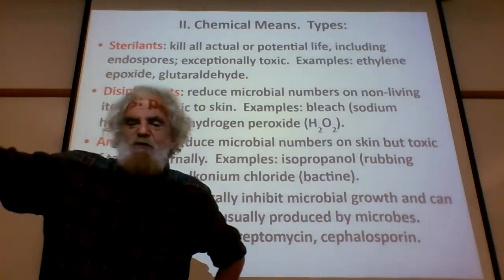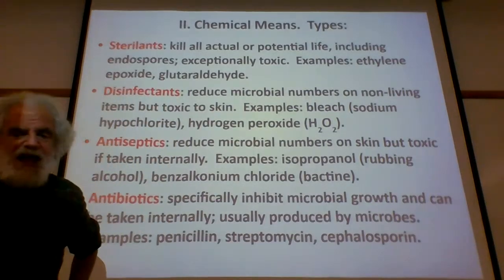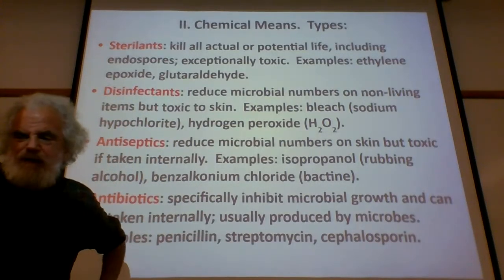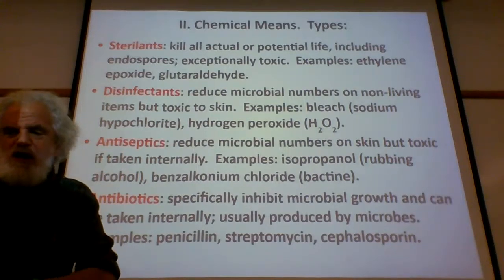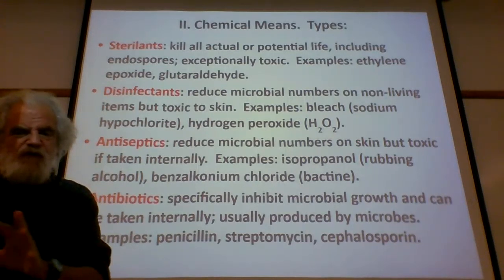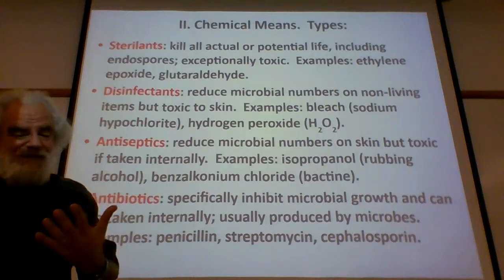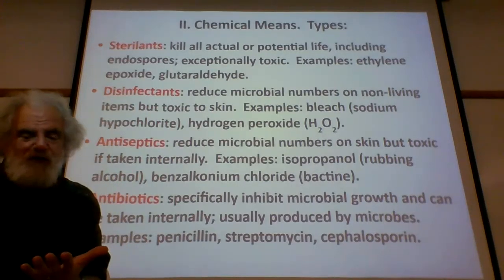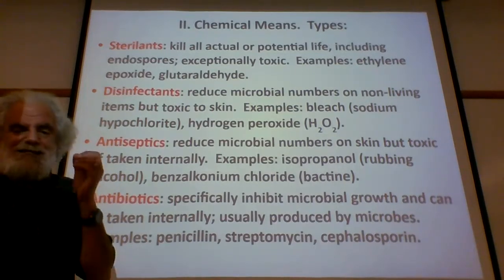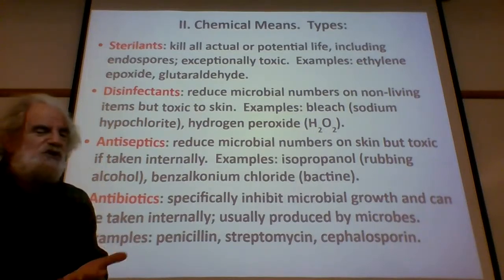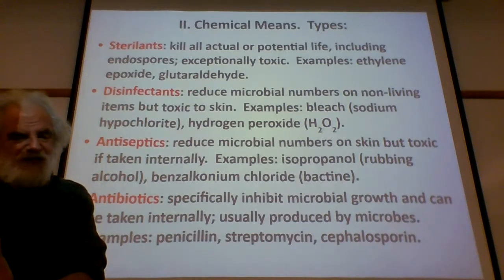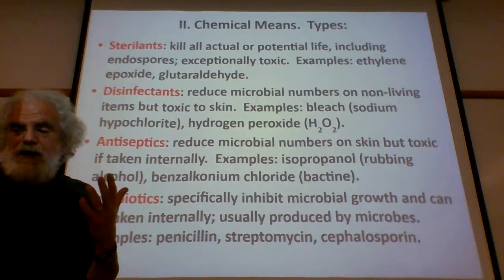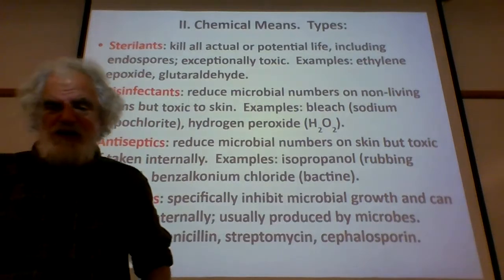We have things that we refer to as antiseptics, and antiseptics are a term we would use for something that is working as a disinfectant, that is, reducing the microbial numbers, but it's something that you can use on skin. Probably toxic if it's taken internally, but excellent examples would be things like alcohol.